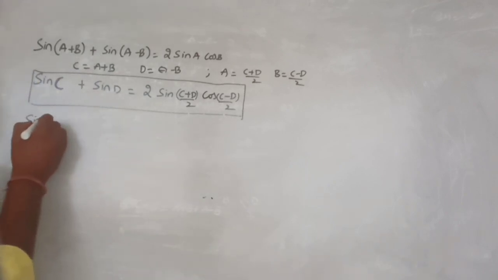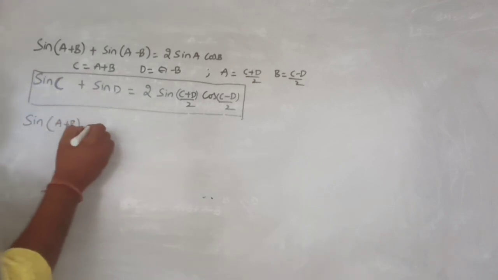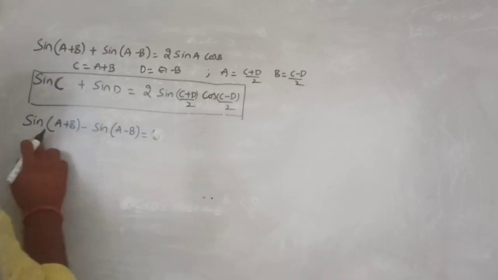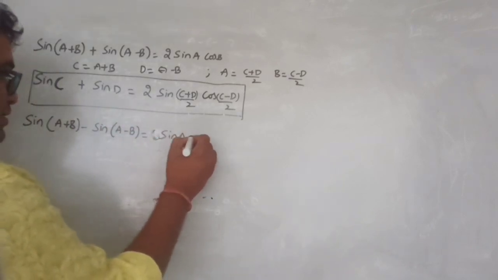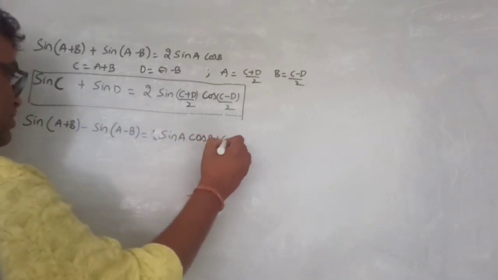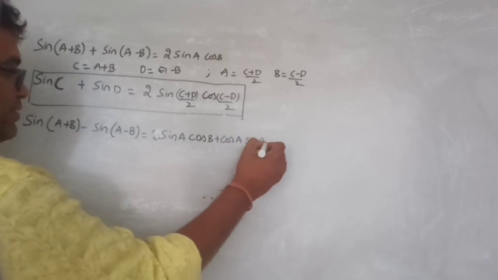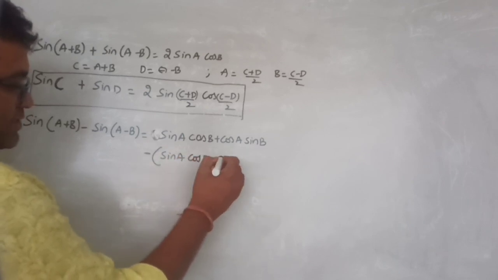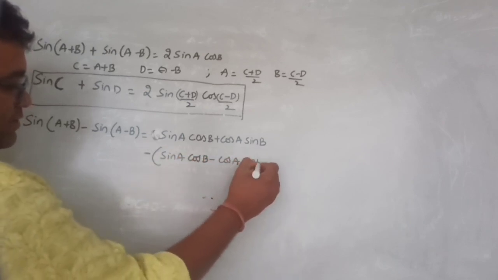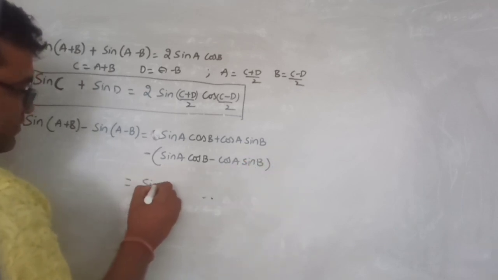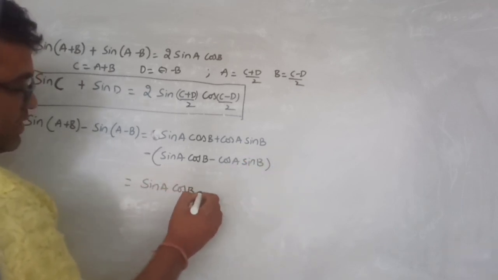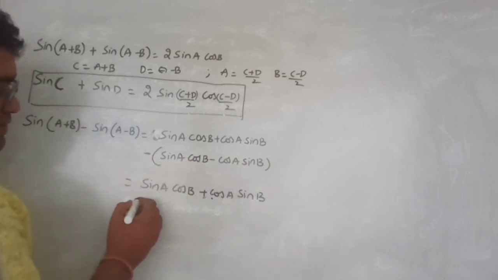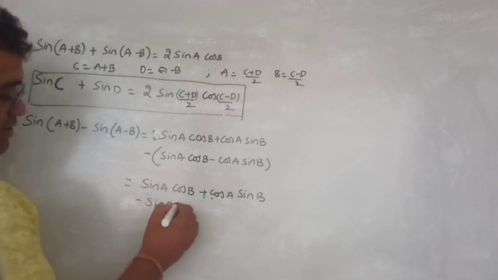Suppose sin of a plus b minus sin of a minus b, that is sin a cos b plus cos a sin b minus sin a cos b minus cos a sin b. So here sin a cos b plus cos a sin b, minus into sin a cos b is minus sin a cos b.